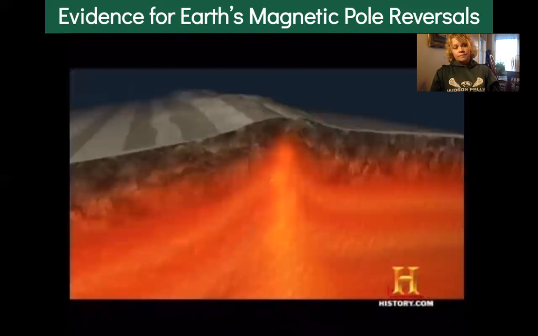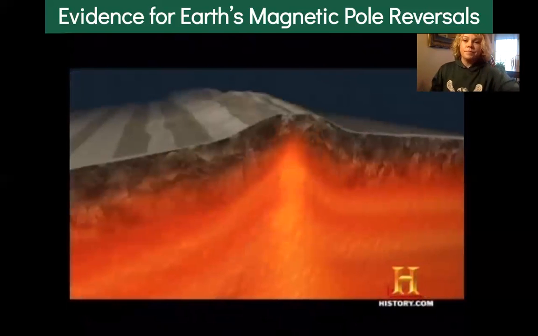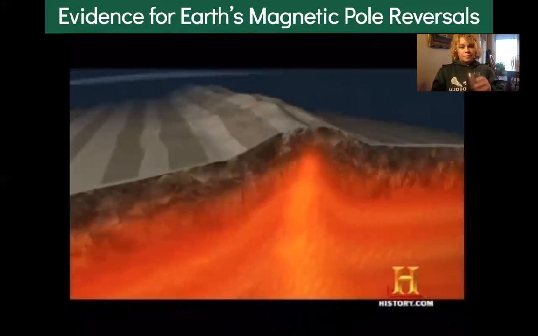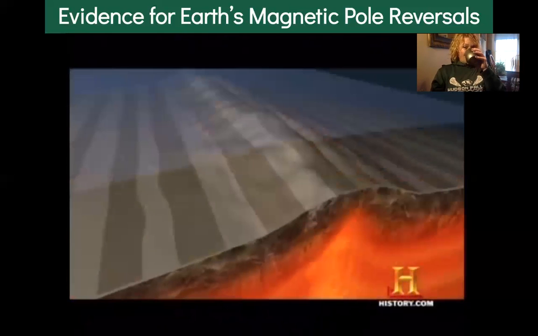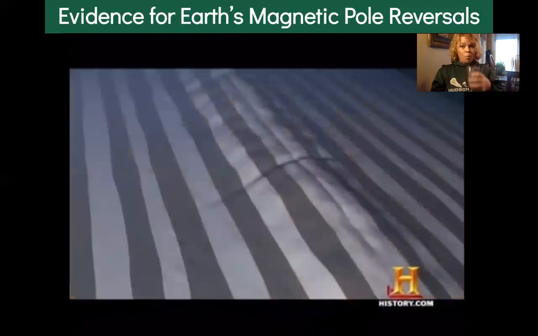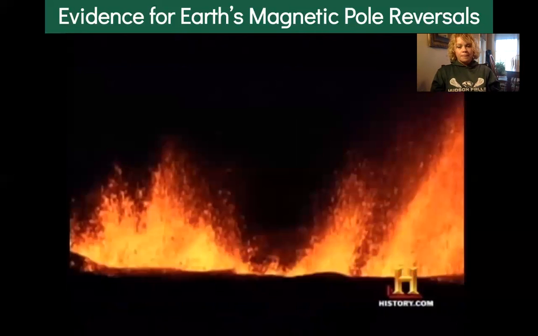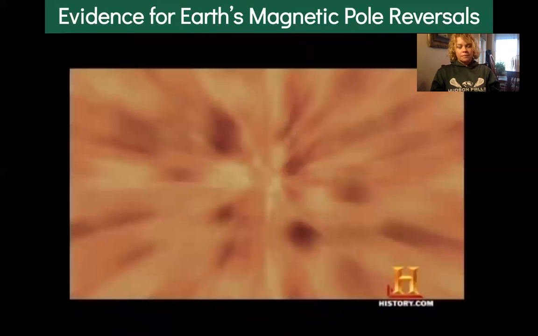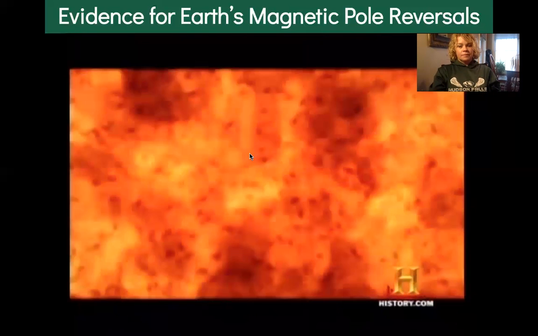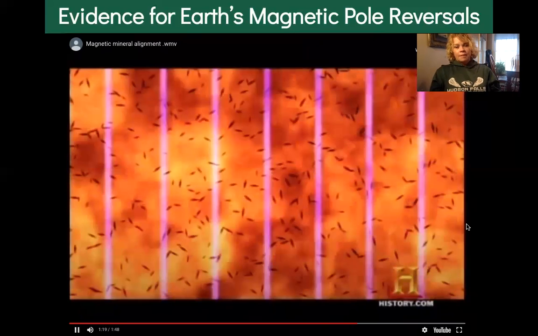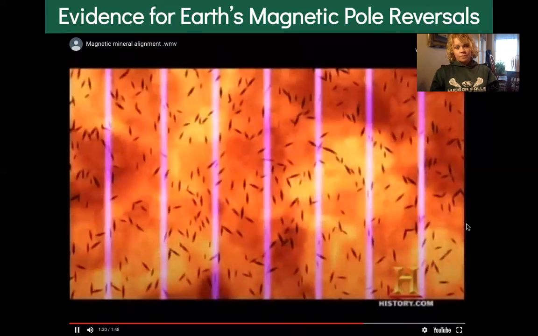As magma wells up between the tectonic plates, it pushes the seafloor up and forms the colossal mid-ocean ridge thousands of feet high. When the rock is hot and molten, its magnetic minerals line up with the north-south direction of the Earth's magnetic field.